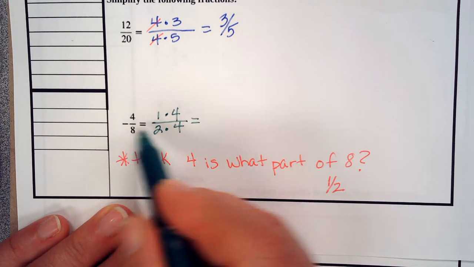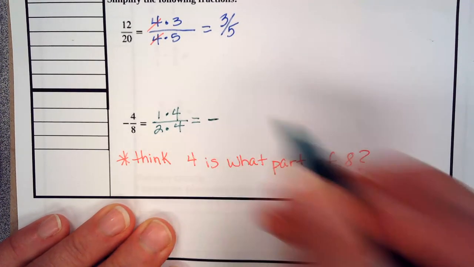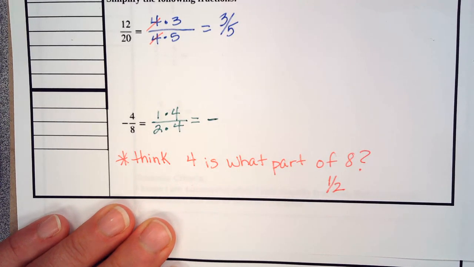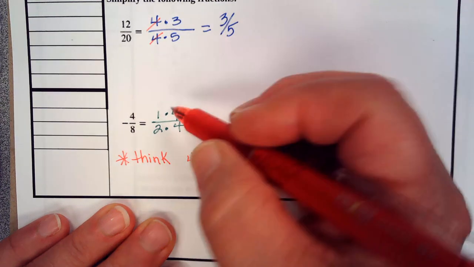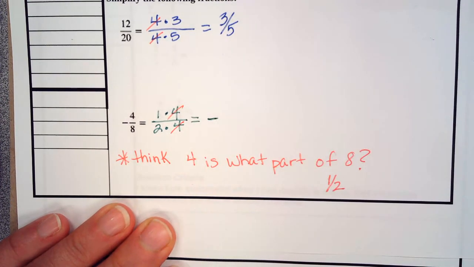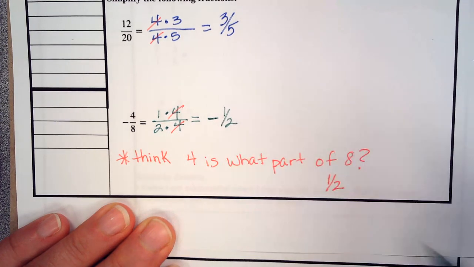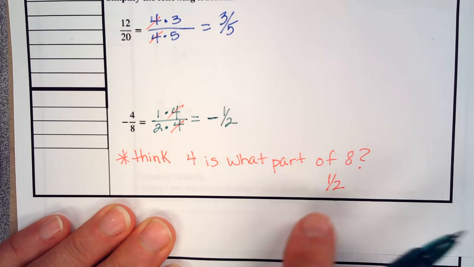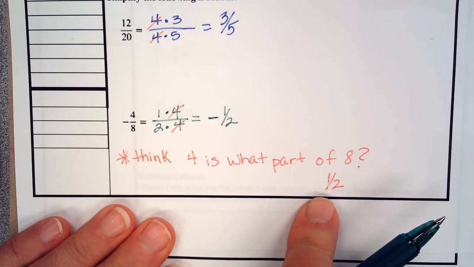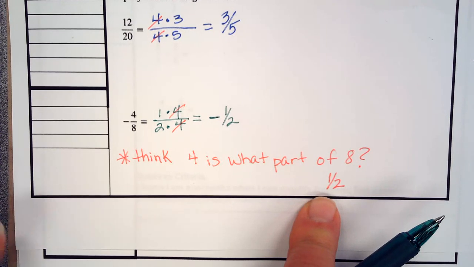I have to remember to bring my negative sign over. The 4's eliminate each other. They become 1, and when I multiply by 1, nothing changes. So this is 1/2, and it's negative. This is the way I hope you can get to where you realize, looking at that 4 is 1/2 of 8, and that would be simplifying it.